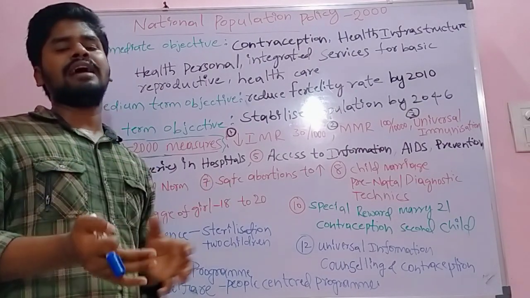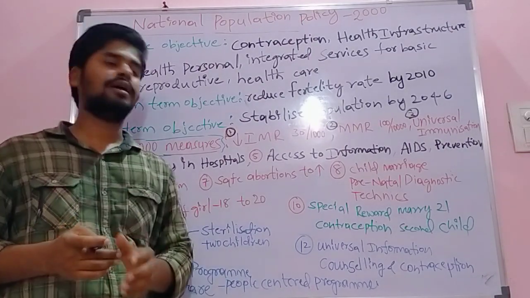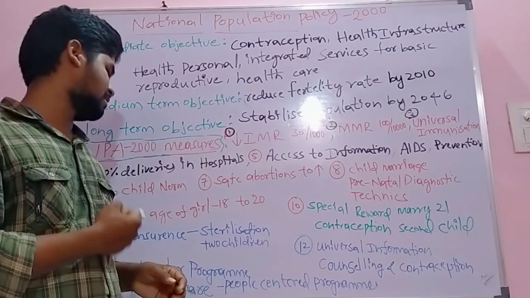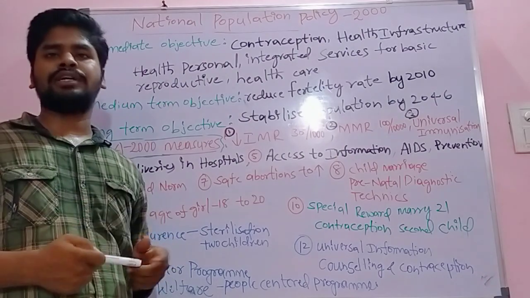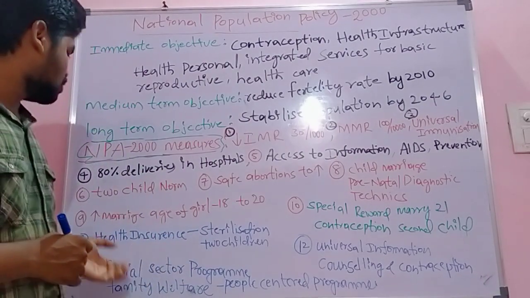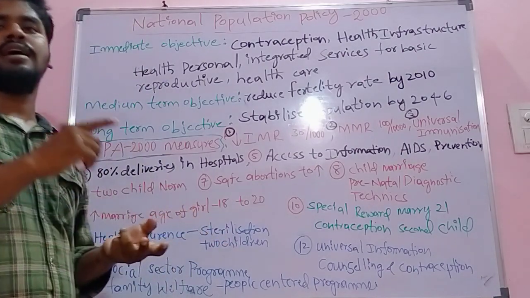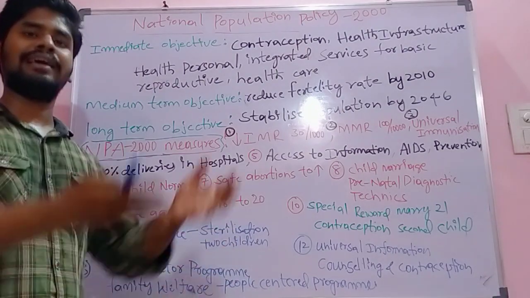For example, whatever their health issues, they get awareness of each and every aspect. That is the social sector program: the government has to provide drinking water, health facilities and sanitation, and the social sector program has to be increased.